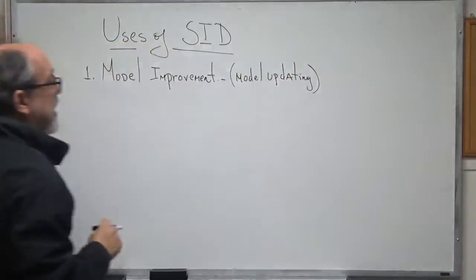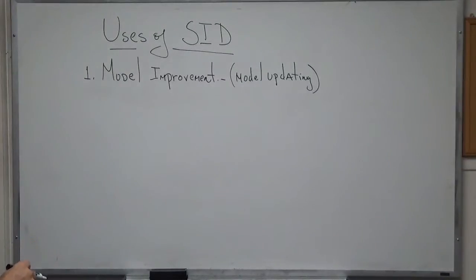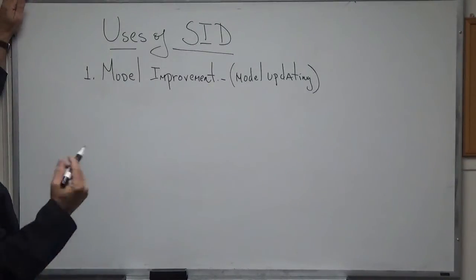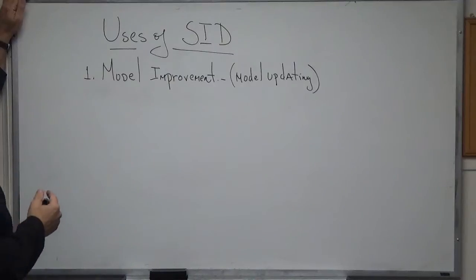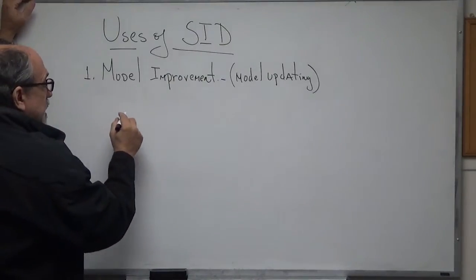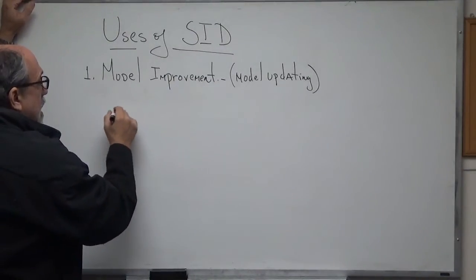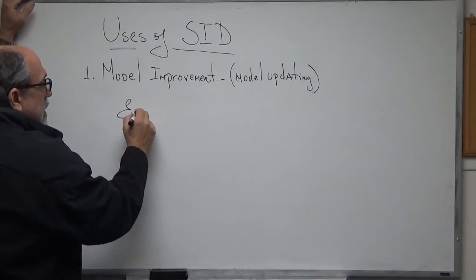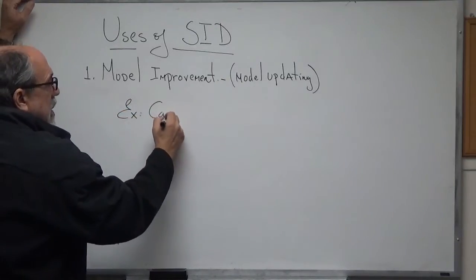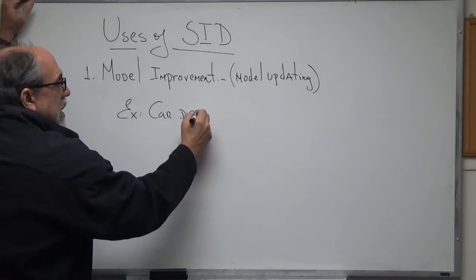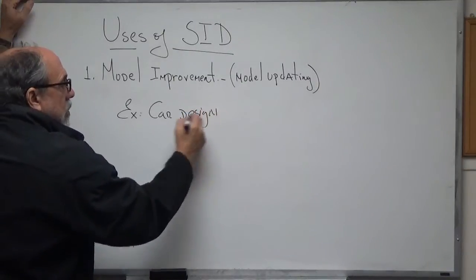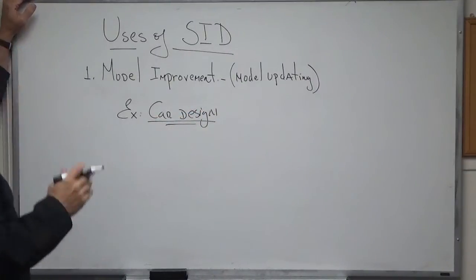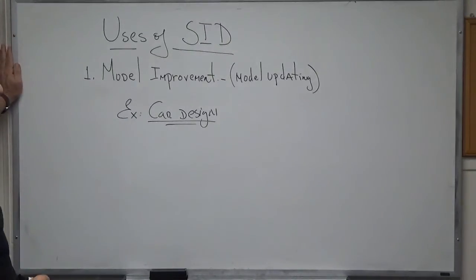So let's take one particular example, first from non-civil engineering and then from civil engineering. Let's say that you are designing a car. It's the new version of the car coming out next year.